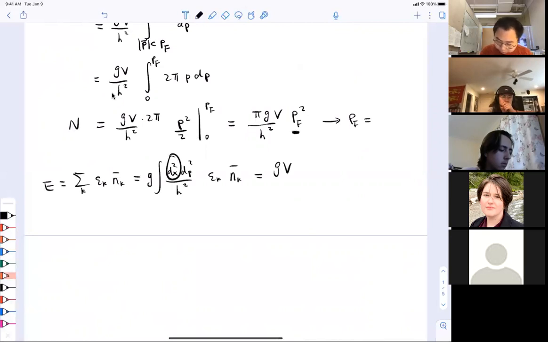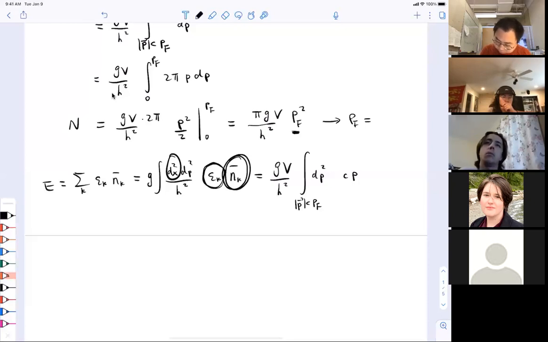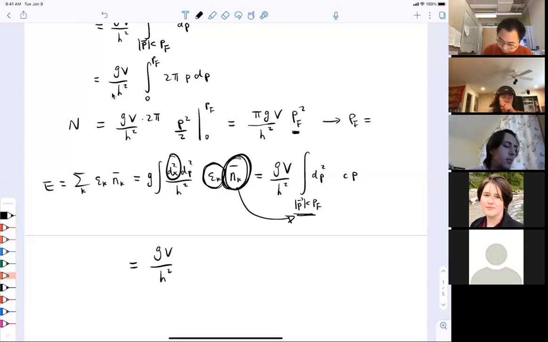V comes from the integration over the space, p squared. Similarly, we have this dispersion, which is linear, so it's say cp, and that's it, right? This factor gives us the cutoff, and GV divided by h squared is just the prefactor.